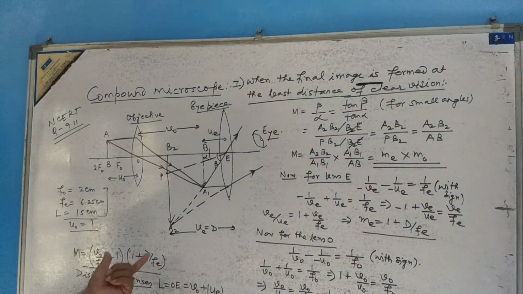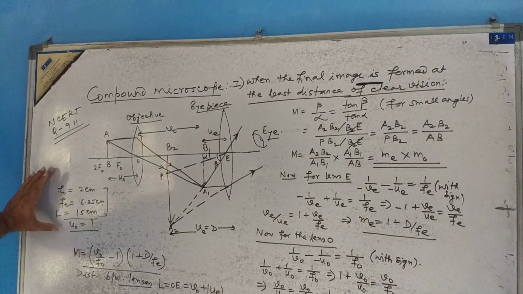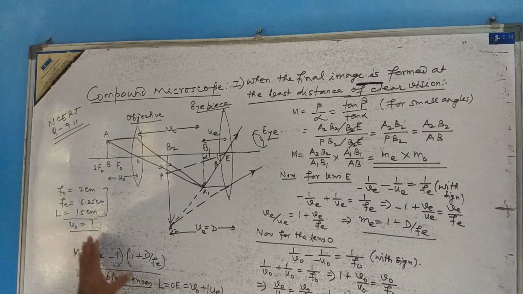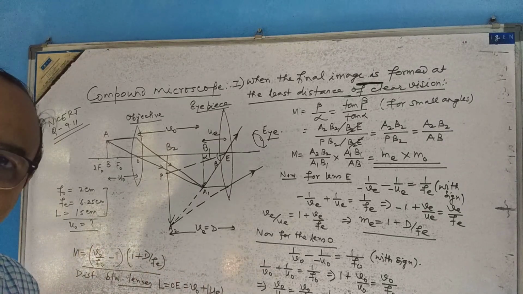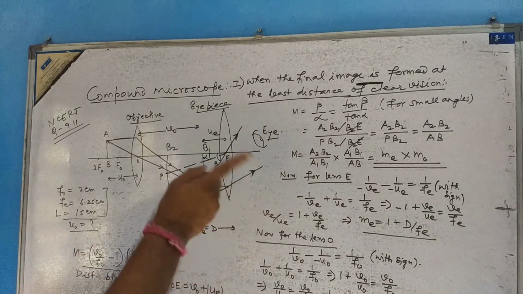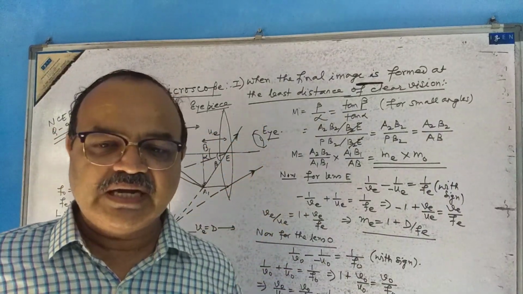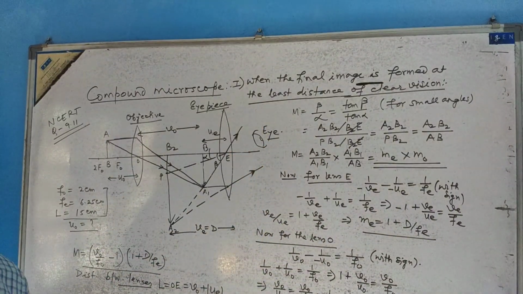I think only these 3 data are given, so you have to determine those things which have been asked. I hope you can try this part. Followed? I hope it is clear to all of you. This is regarding the clear vision. Alright.